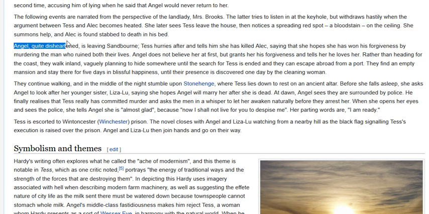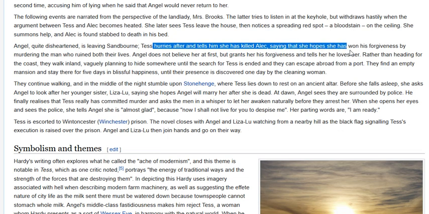Angel, quite disheartened, is leaving Sandbourne. Tess hurries after him and tells him she has killed Alec, saying that she hopes she has won his forgiveness by murdering the man who ruined both their lives.